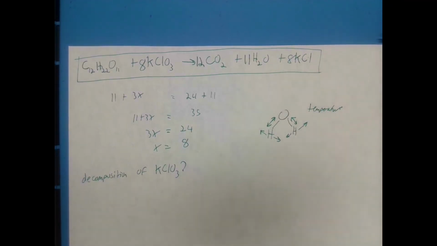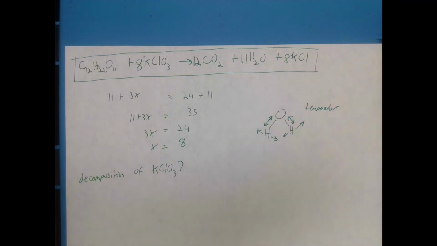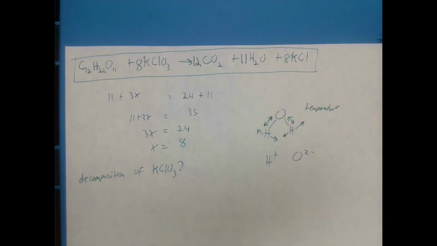What if I heated this up? What if I placed some water in the sun? It would not evaporate, it would decompose quite quickly. This hydrogen would be vibrating so much, it would vibrate away from the oxygen. It would not be a molecule. It would be H plus and O2 minus ions.